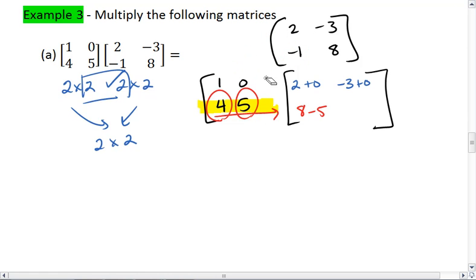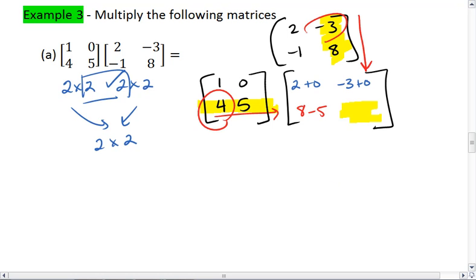Lastly, I'll take the second row and the second column because both of those feed into my last element. 4 times negative 3, which is negative 12, and 5 times 8, which is 40.